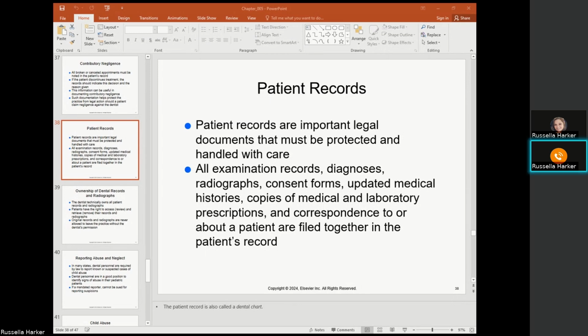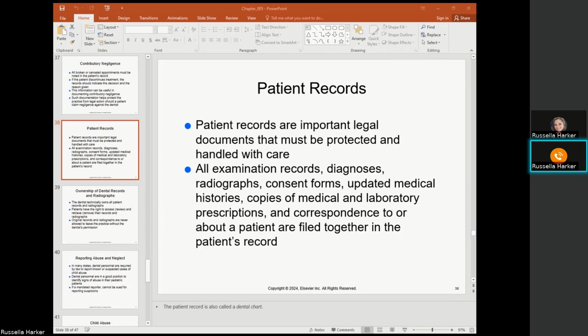We have to have the complete chart together. If it is a paper chart, all of the exam records, the diagnosis, the radiographs, consent forms, updated medical histories, copies of medical and lab prescriptions, and correspondence to or from or about the patient are filed together in the patient record, and all in one place on an EHR, or electronic health record.